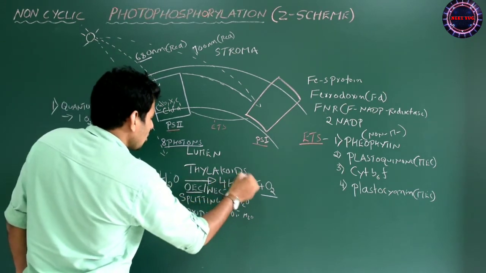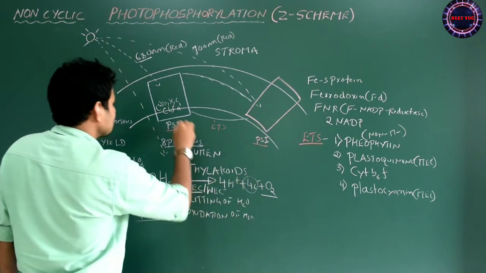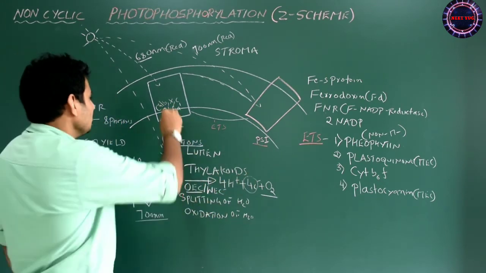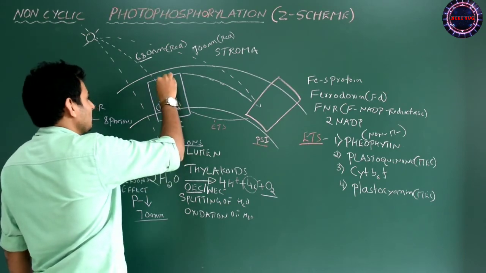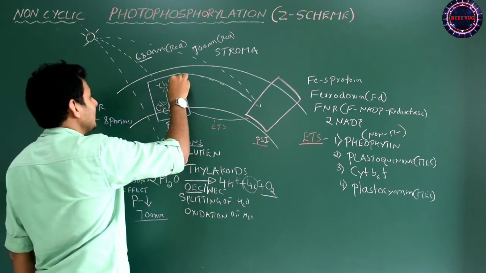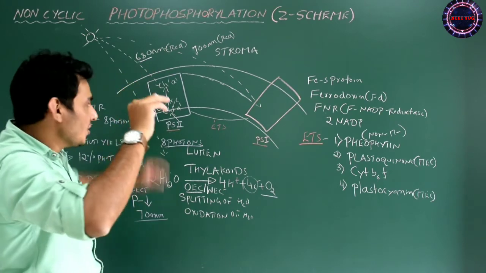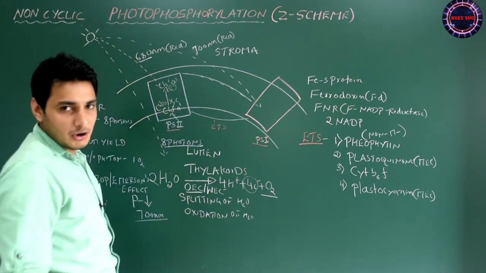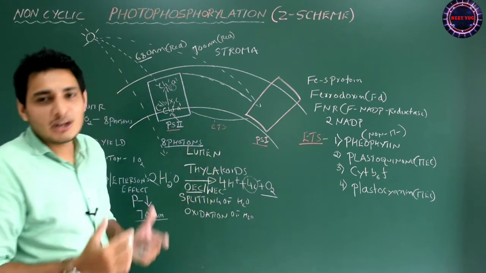These electrons are now present in the lumen, and will be accepted by the chlorophyll A, which gets excited. Now what is there inside the chlorophyll? Electrons are there. It cannot hold the electrons for a longer time.